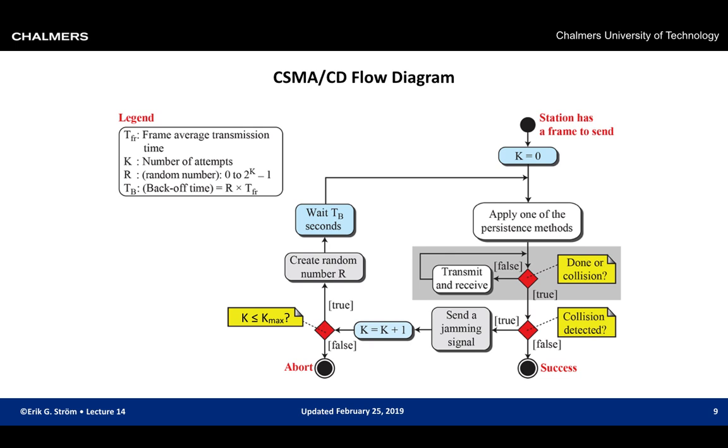Okay, let's continue. As I was made aware of in the break, there was a mistake in the flow diagram here. For CSMA with collision detection, there is a maximum number of times we can go through this loop. It was a mistake in this statement here.